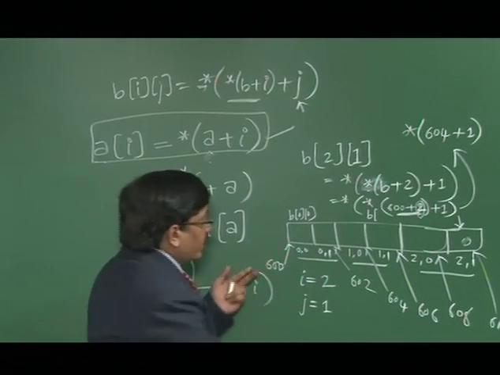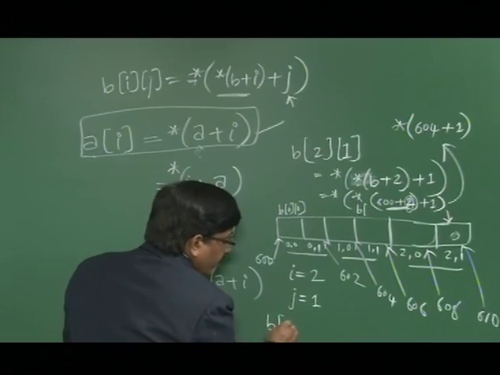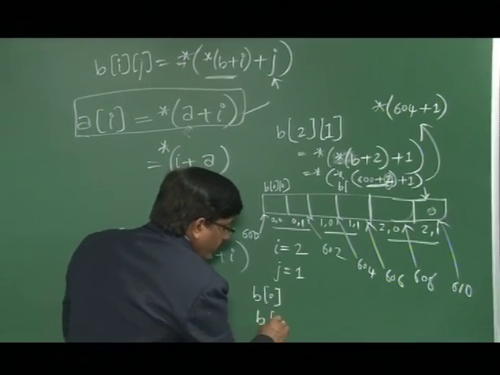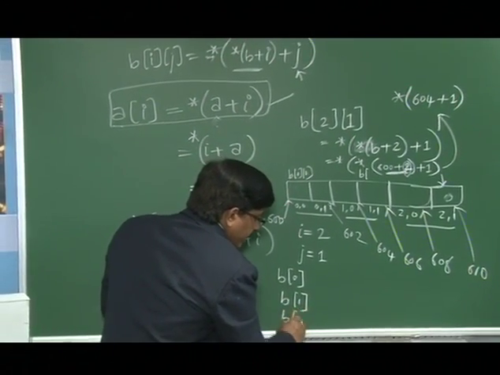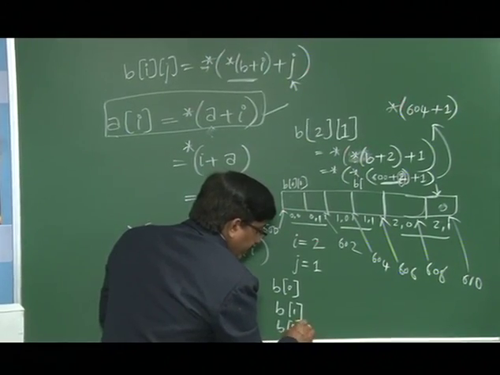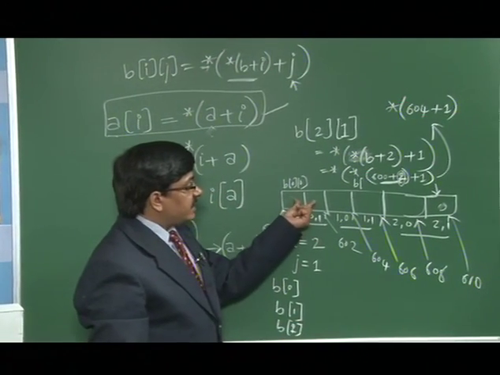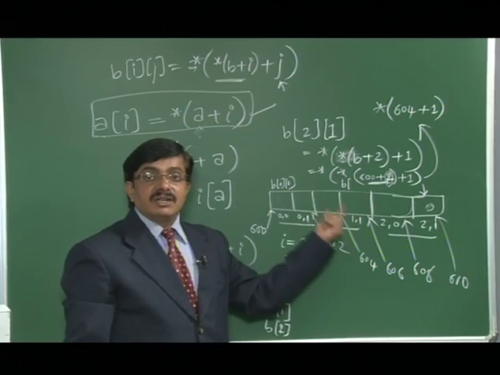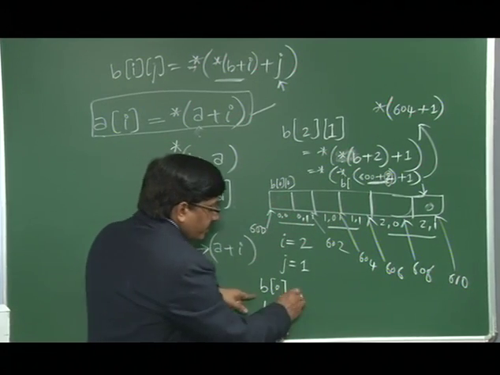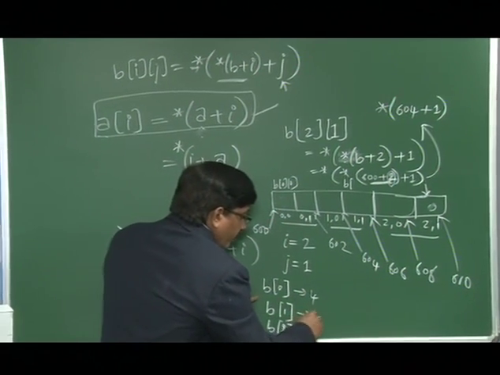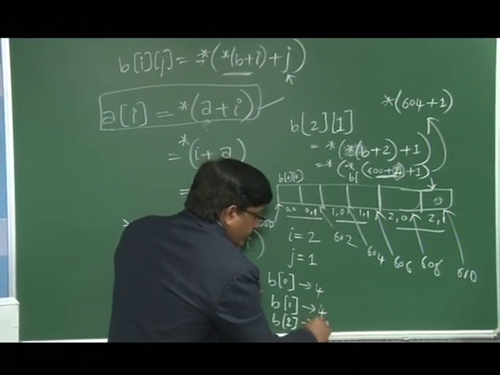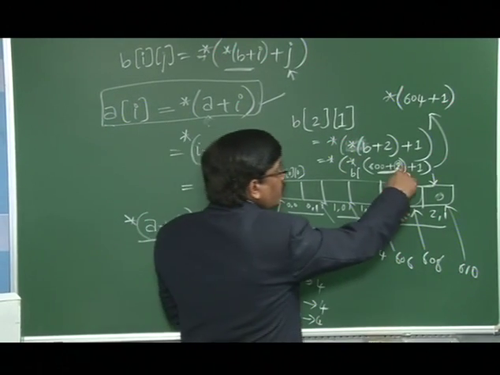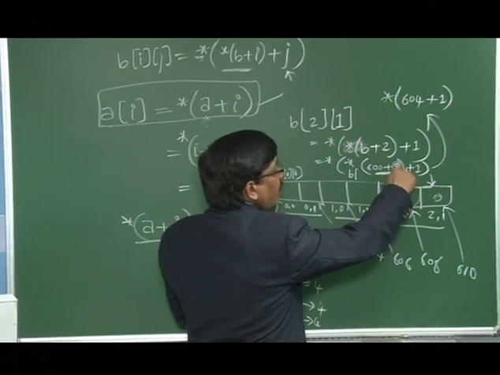So b of 0 will take 4 bytes, b of 1 will take 4 bytes, and b of 2 also will take 4 bytes. So the 2 gets multiplied with 4, not with 2.